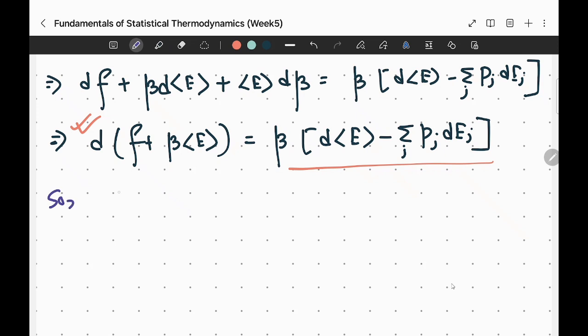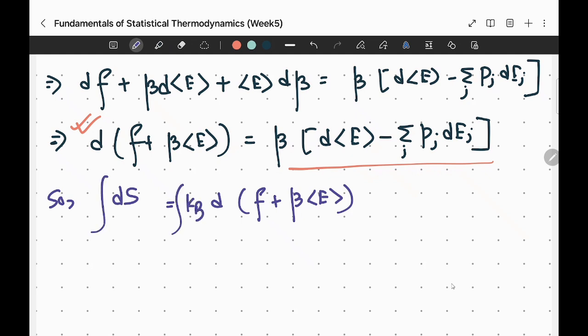So ds by kB will be d of f plus beta d average E, or ds is equal to this. Now you just do integration.